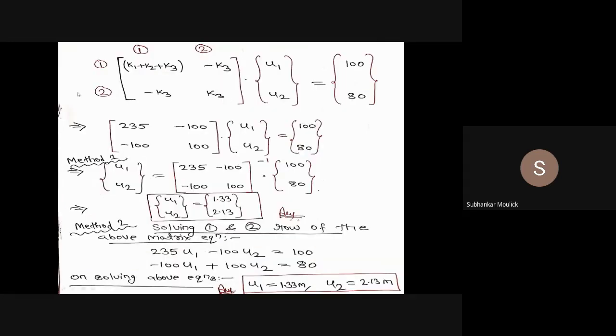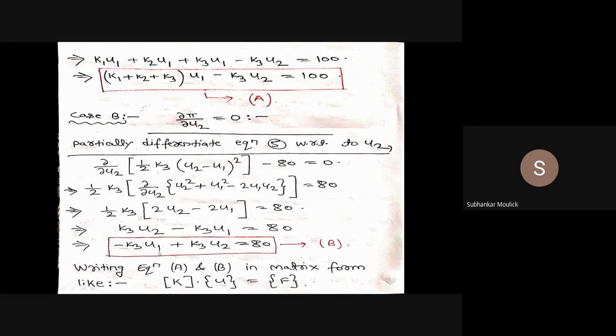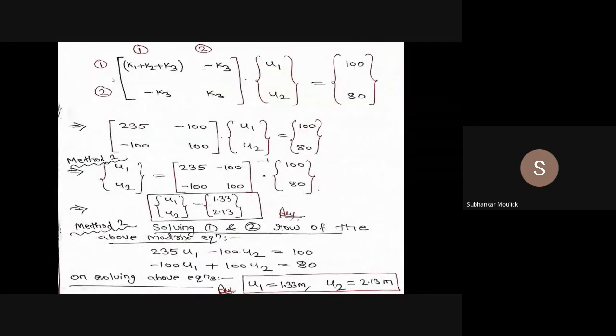Along the second row, for equation B, the coefficient of u1 is minus k3 and the coefficient of u2 is k3. So the resulting matrix becomes [k1 plus k2 plus k3, minus k3; minus k3, k3] into column matrix u1 u2 equal to column matrix 100, 80.